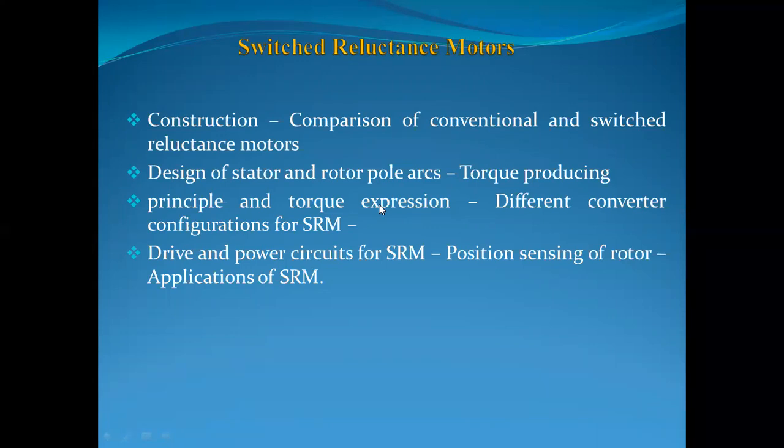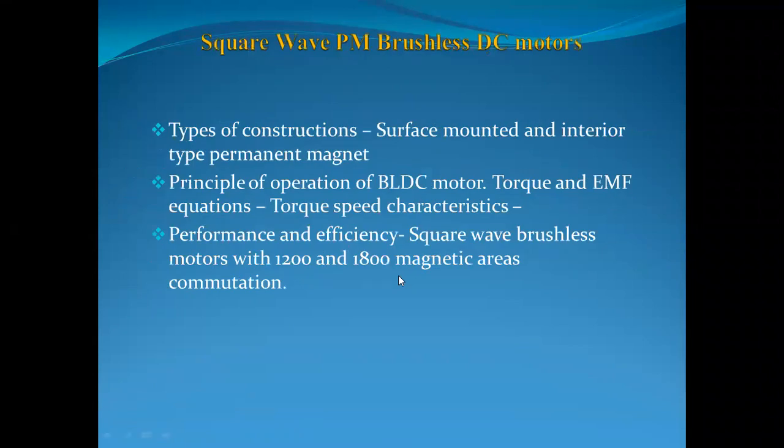These switch reluctance motors also have drive and power circuits for SRMs. Next one, square wave permanent magnet brushless DC motors, depending upon the sine wave, the square wave and applications. This is one of the units, the square wave permanent magnet brushless DC motors.